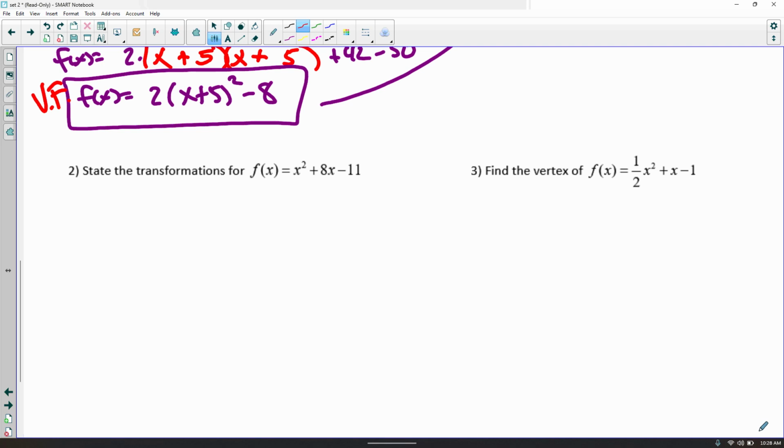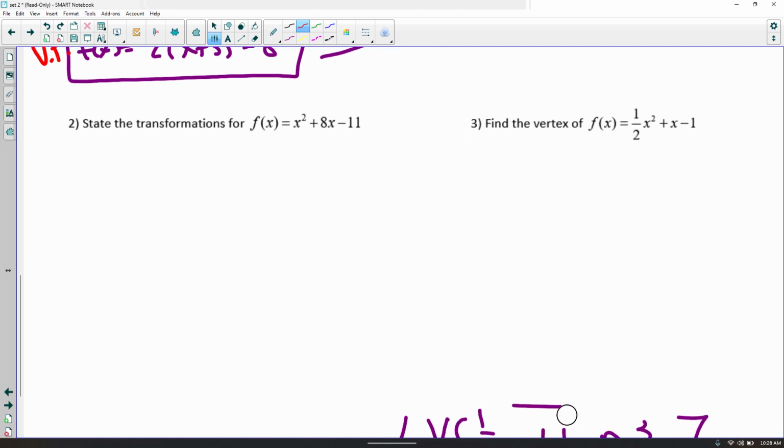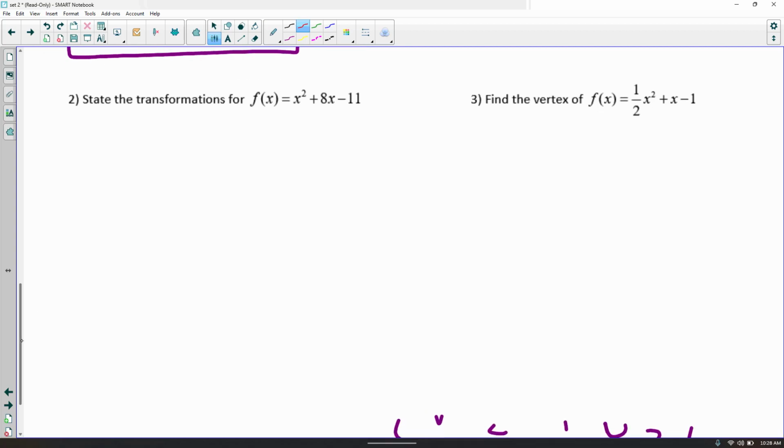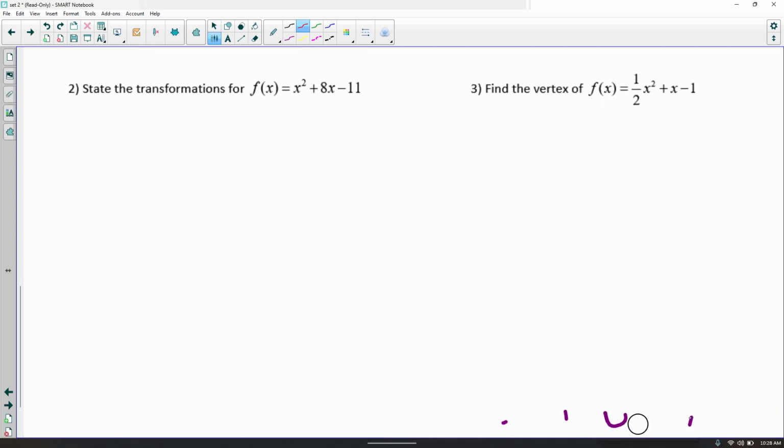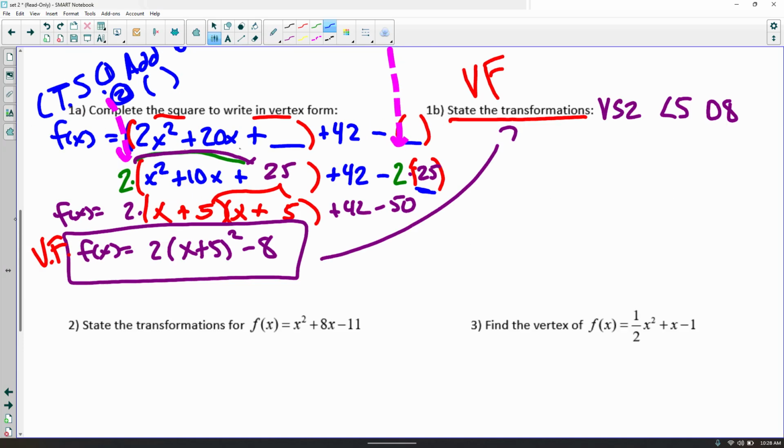All right, I just gave you another one. Now this one here will be a little bit easier to deal with. Why is it easier to deal with there, Peyton? Why is this one easier than the one we just did?